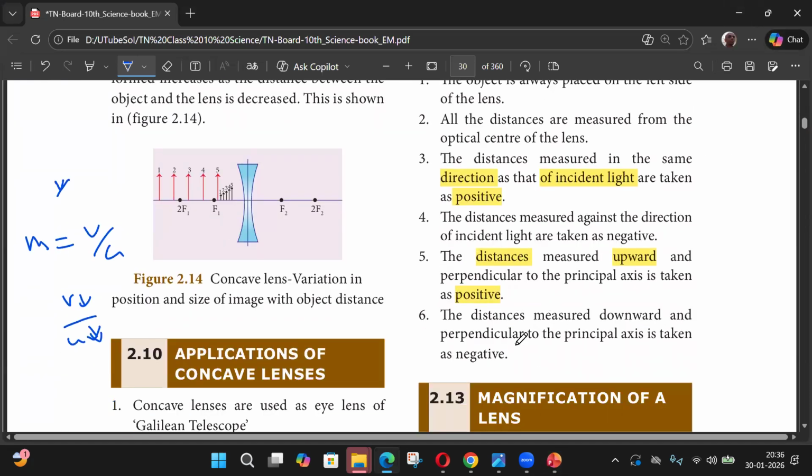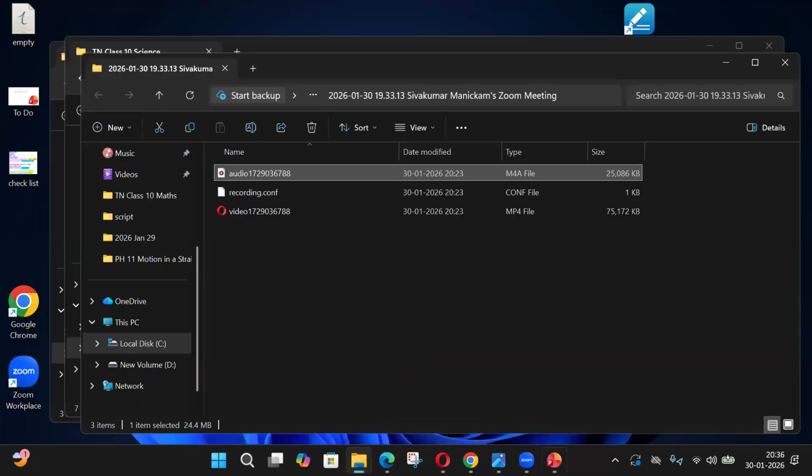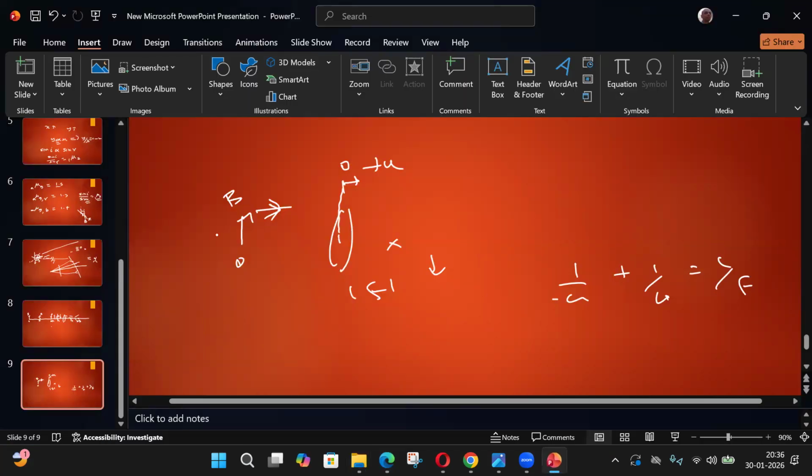Similarly, for measuring the height of the object or the size of the object, I have to measure in the perpendicular direction, because I have to measure the height of this object as h. This is the y-axis. The origin of the y-axis is this one only, but the positive direction is upwards. So this height is positive. This h prime, the height of the image, is negative because it's inverted.